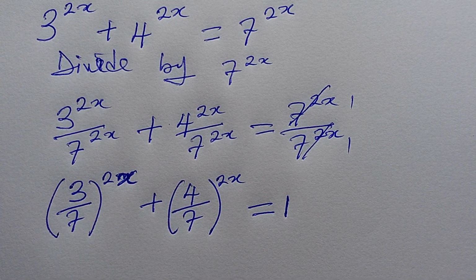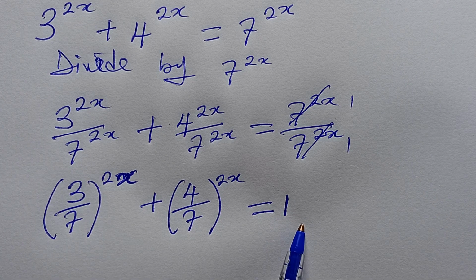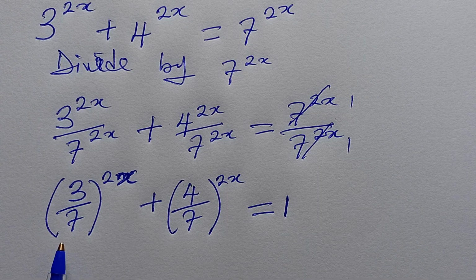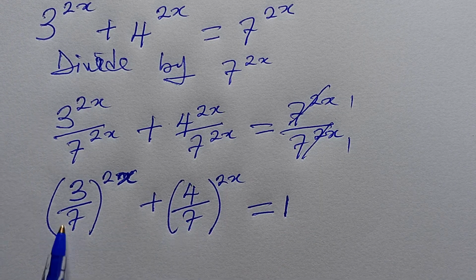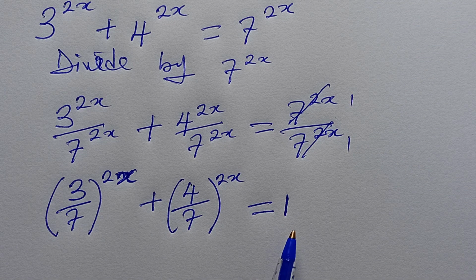Okay, so what we do here is this. We cannot add these two quantities, but we can do a simplification or introduction on the right-hand side. We're having 1 here. We look at the terms inside these two brackets. The summation of these two terms will also give us 1. So we just have to rewrite the right-hand side of the equation.